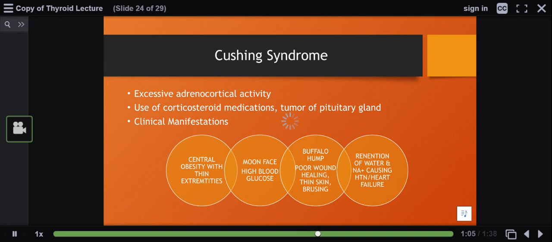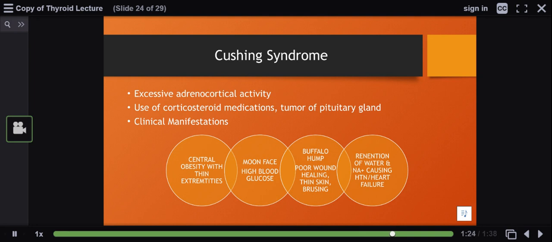One of the classic symptoms seen with somebody with Cushing's syndrome is the buffalo hump in the neck and supraclavicle areas due to the musculoskeletal changes that occur.